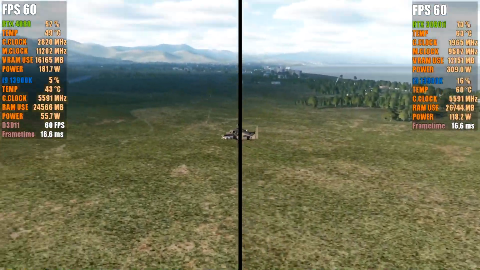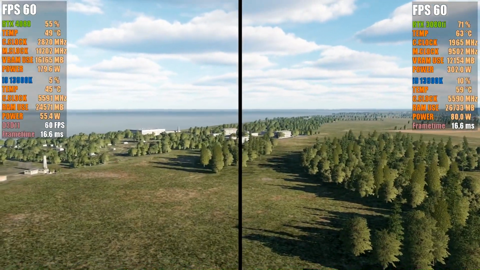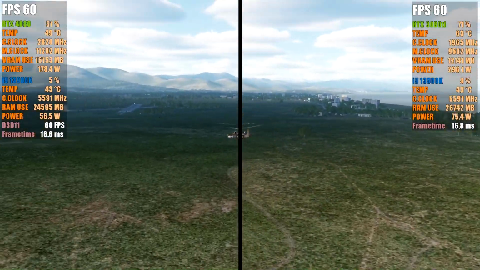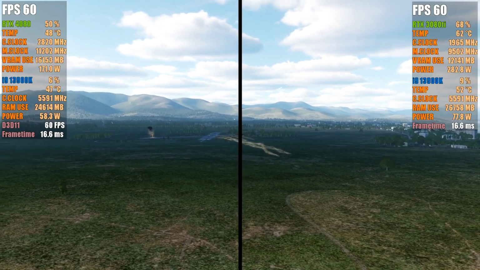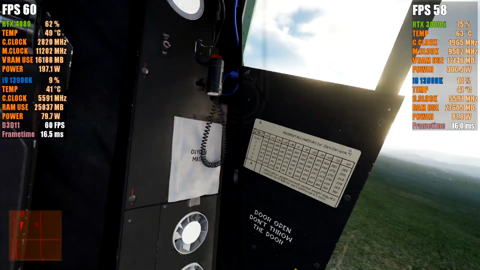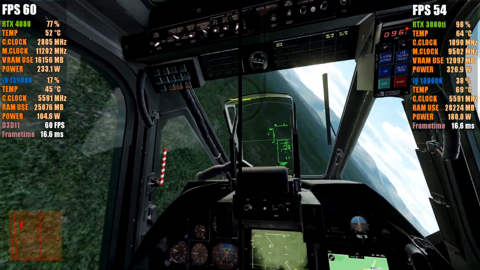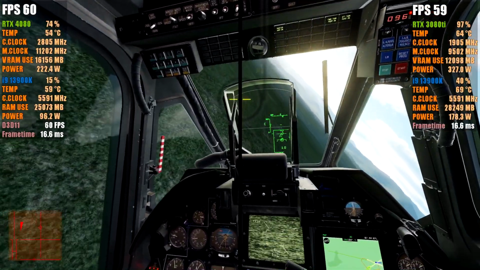So there we go. Look at the power that the 3080 Ti is using in comparison. Look at the headroom that the 3080 Ti has, that the 4080 has as well. And of course the temperatures, and the 13900K is not even remotely bothered, is it?